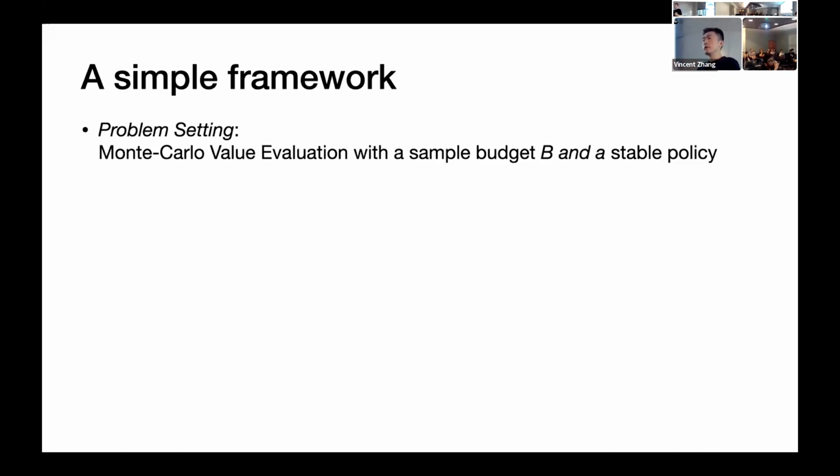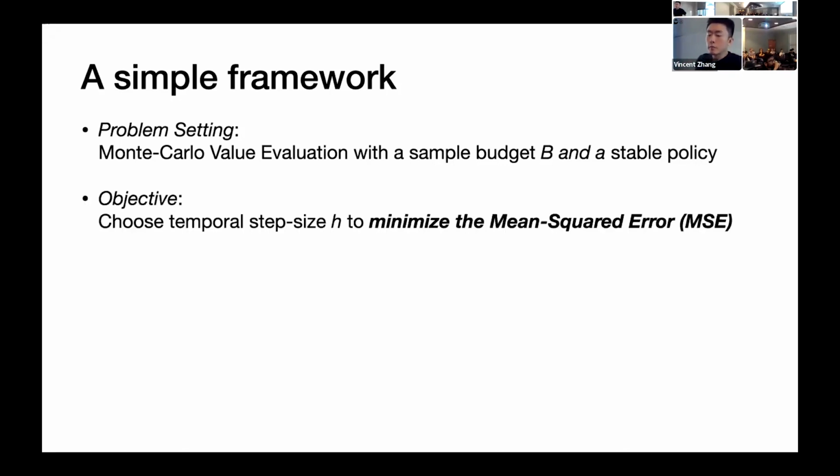It could go to infinity, and if it is unstable, then you can get infinite cost, and we're not really interested in that setting. And the objective here is to pick the temporal step size H such that some metric is minimized, and that metric we choose is the mean squared error.